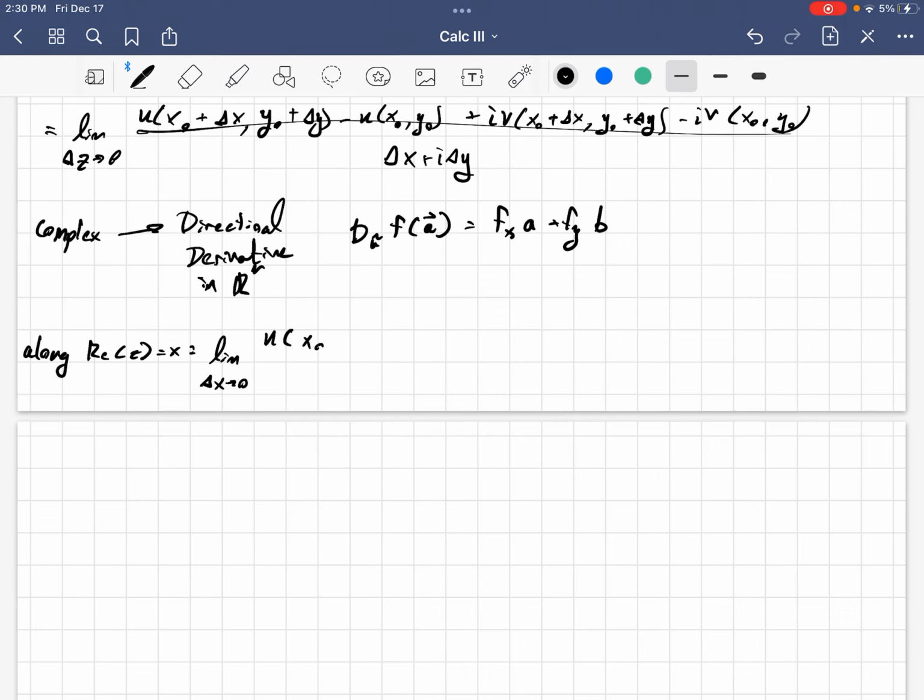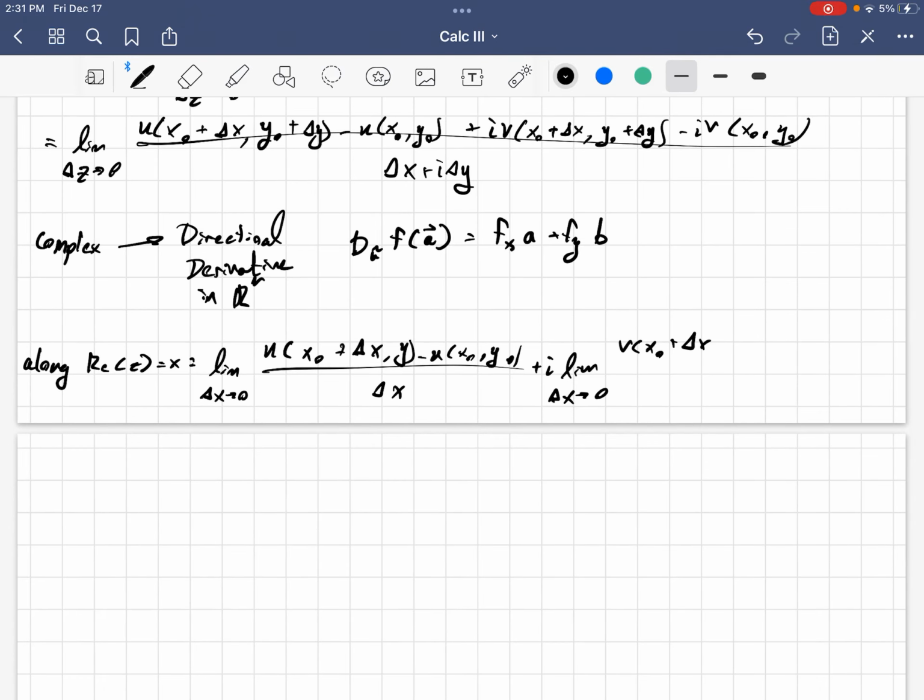It's u of x naught plus delta x, comma, y naught, minus u of x naught, comma, y naught, over delta x, plus i times the limit as delta x goes to 0 of v of x naught plus delta x, comma, y naught, minus v of x naught, comma, y naught.